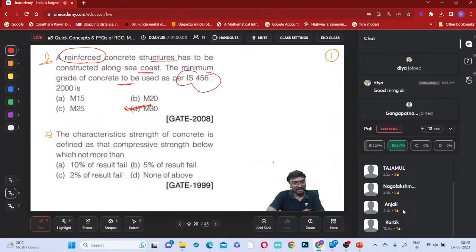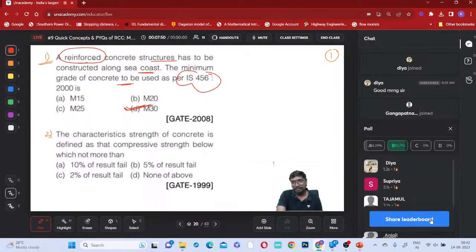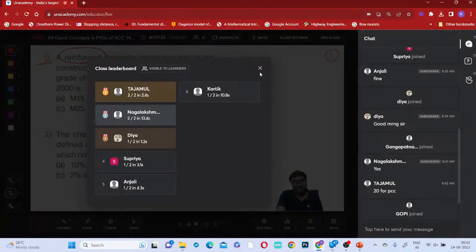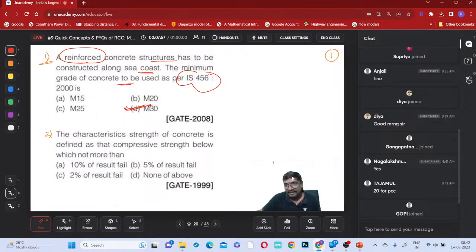Never give up. Please write the question number and the answer, so that's why I said. Only 85.71% answered correctly. What about the remaining? This is the leaderboard: Tajamul first, Nagalakshmi second, Diya third. Gopi, good morning.